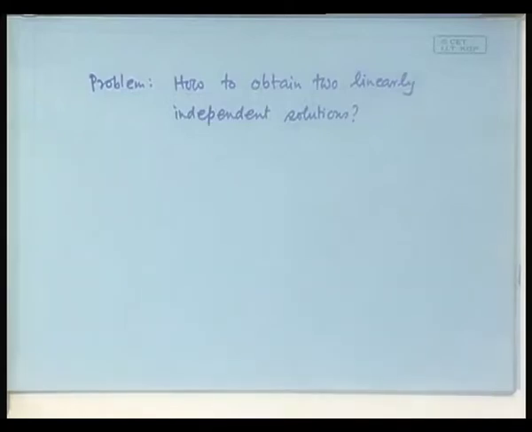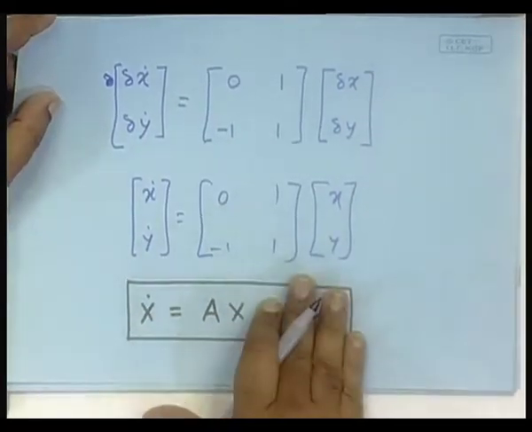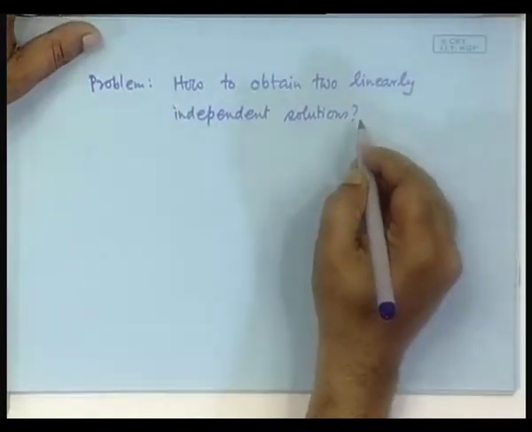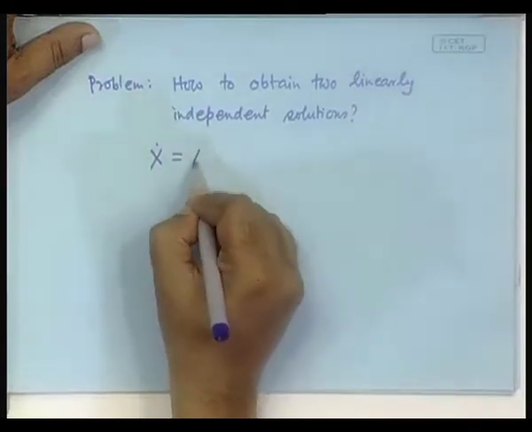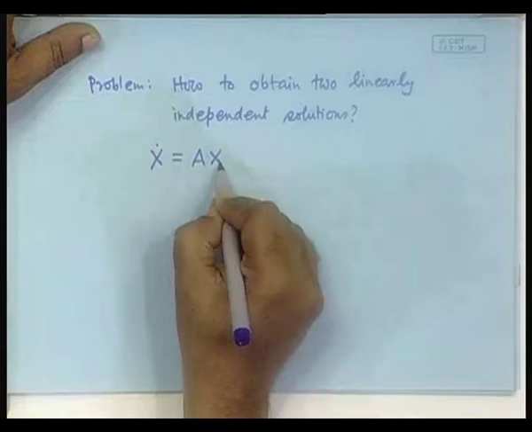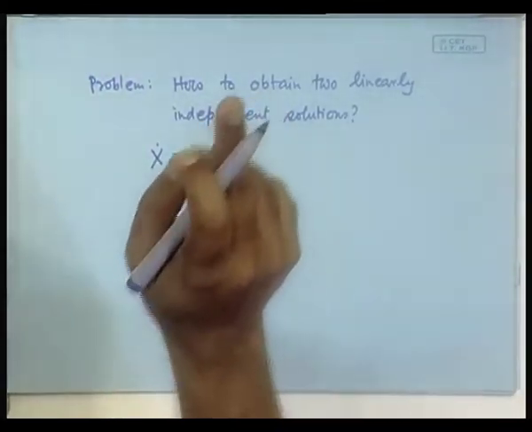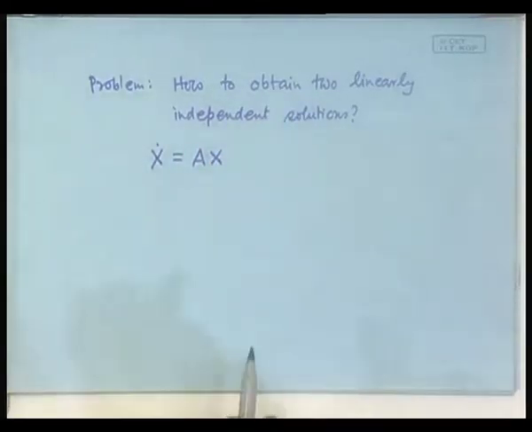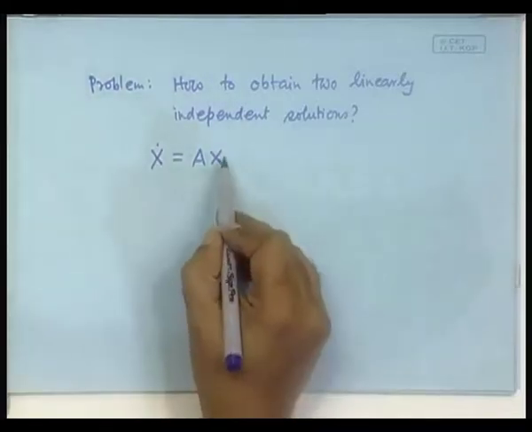Now, what is our equation? Our equation is x dot is equal to A x, where x dot is the vector (x dot, y dot) and the capital X is the vector (x, y). Now, notice what it is doing.